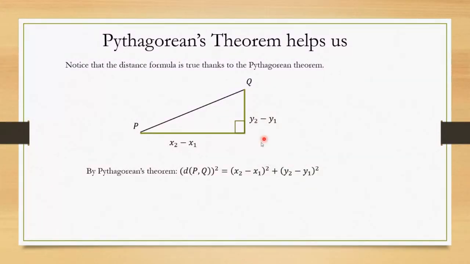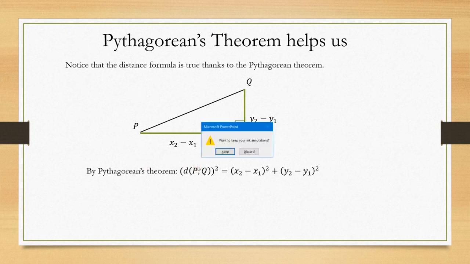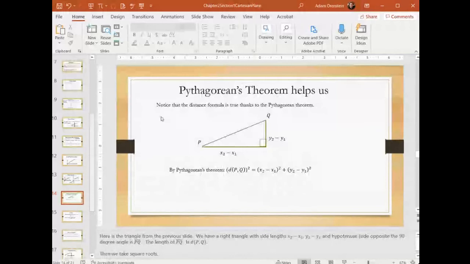And then you just take square roots. So that's just a sketch of why the distance formula is true. Again, I'm not going to ask you to prove it on an exam. I just like to illustrate why it's true, so at least you see why it's true.